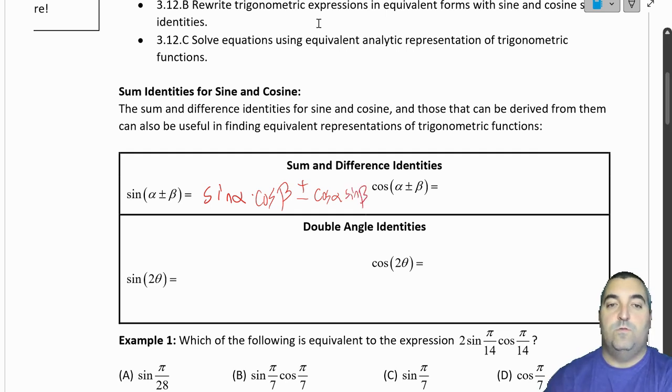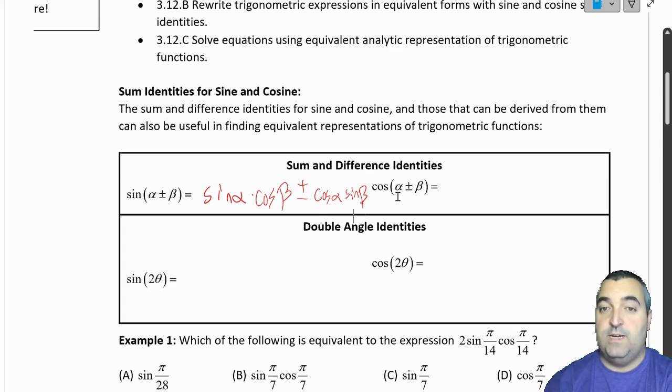So again, you have two angles added together: you do the sine of the first, cosine of the second, add it to the cosine of the first, sine of the second. If it's subtraction, you would subtract them in the middle, but it's the same formula.